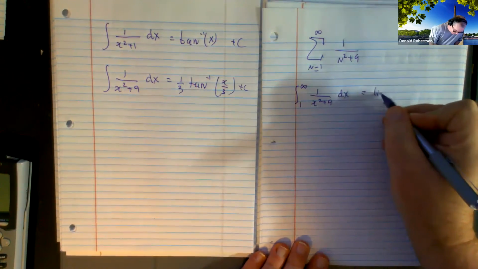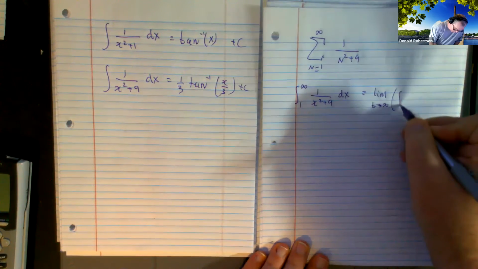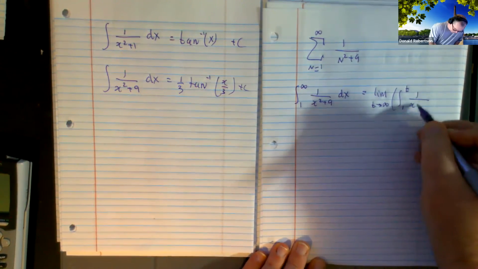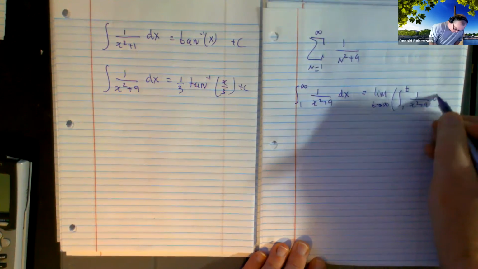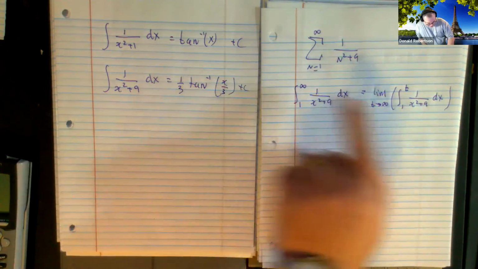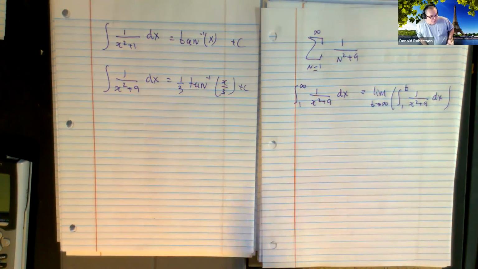Now it's going to be the limit as t tends to infinity of the integral from 1 to t of 1 over x squared plus 9 dx. Now, based on what I've just told you here, isn't that integral pretty much good to go? You don't use the power rule or use subs or integration by parts.